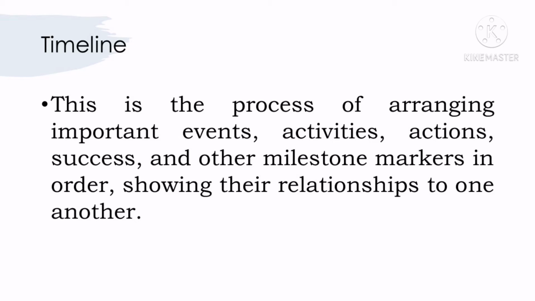When we say timeline, this is the process of arranging important events, activities, actions, successes, and other milestone markers in order, showing the relationships to one another. These are actually events in our lives, and we are going to arrange those particular events using a particular graphic organizer.